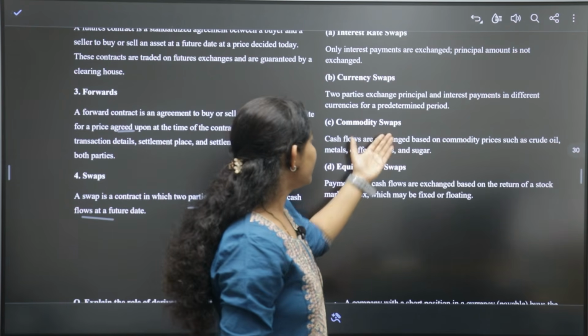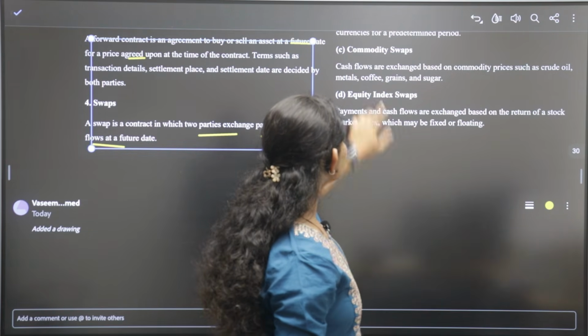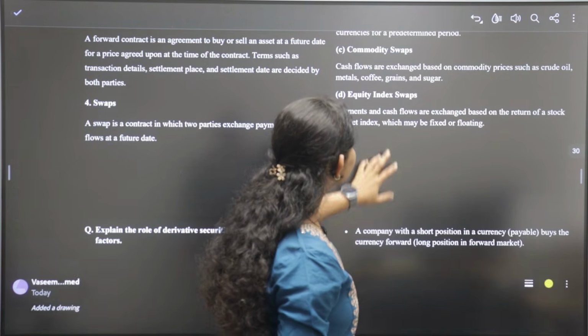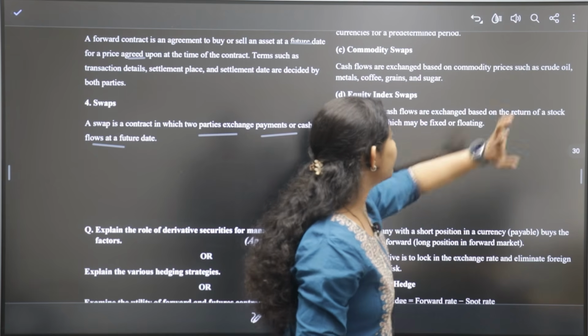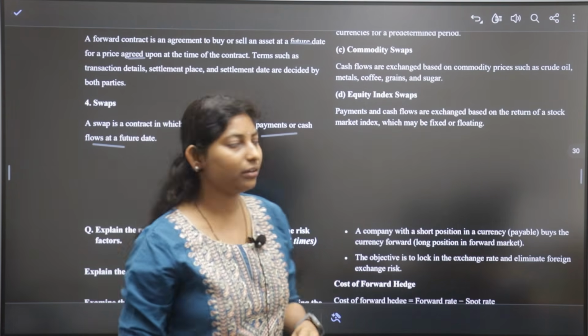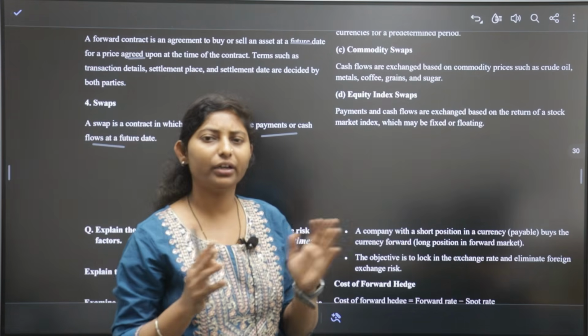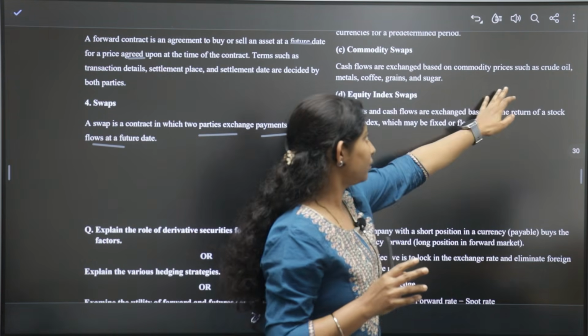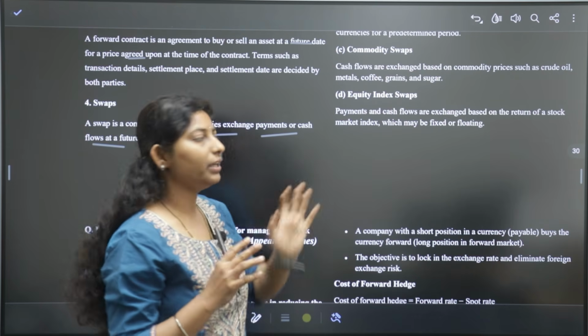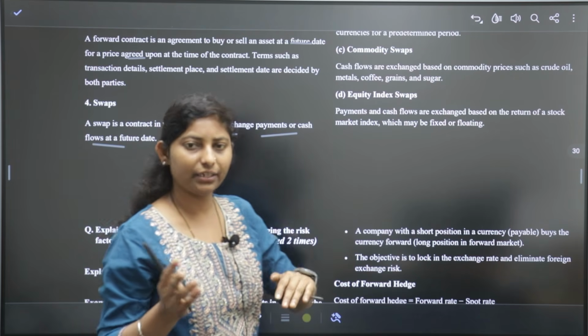And a commodity swap is nothing but cash flows exchanged based on commodity prices such as crude oil, metal, coffee, grains and sugar. These products and their prices will be exchanged.